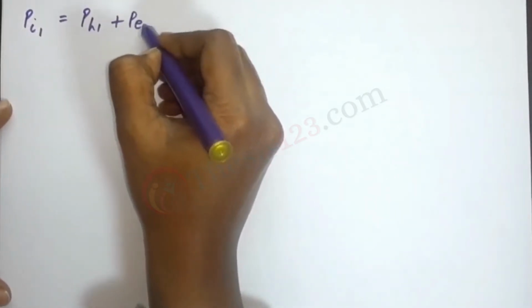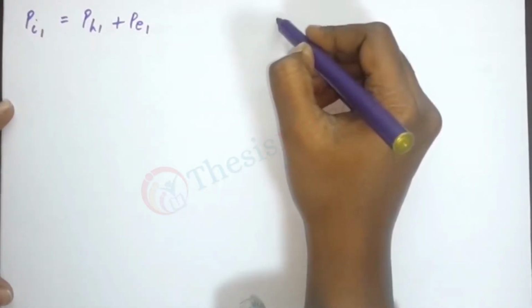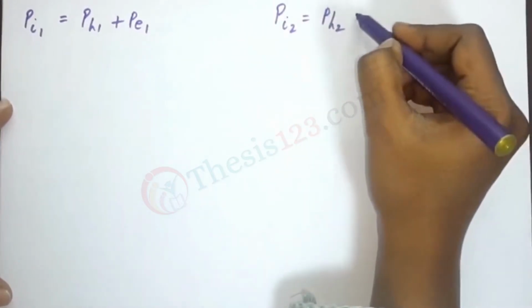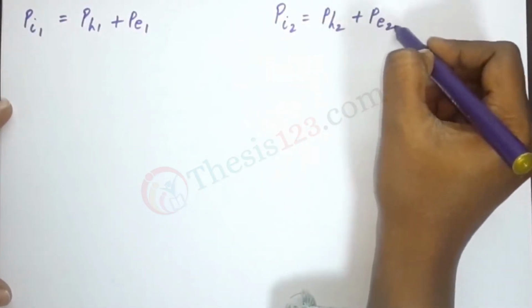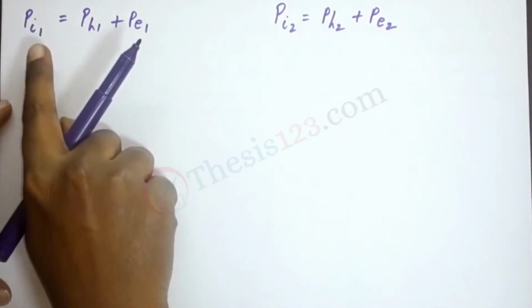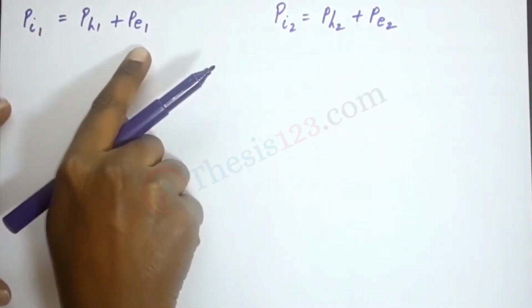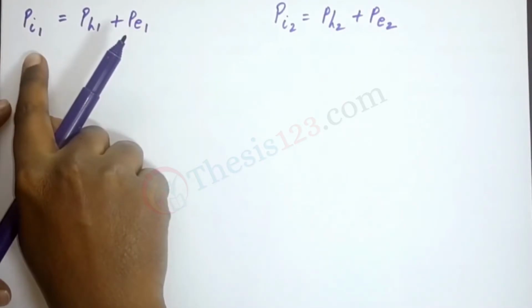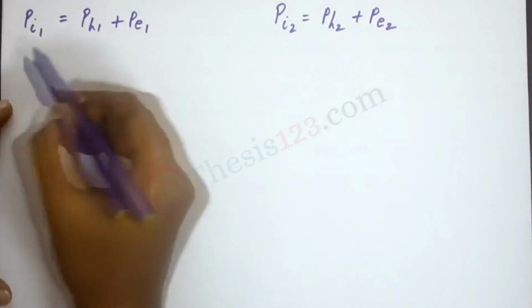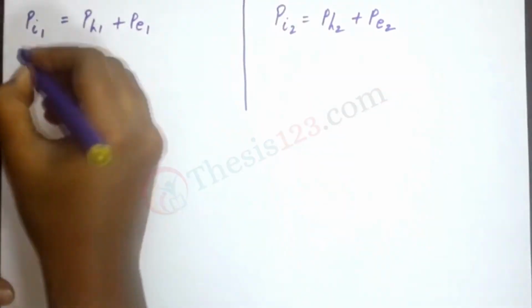PI1 is equal to PH1 plus PE1, and the second one is PI2 is equal to PH2 plus PE2. The sum of the hysteresis and eddy current is equal to the iron loss. So let's substitute the values here.